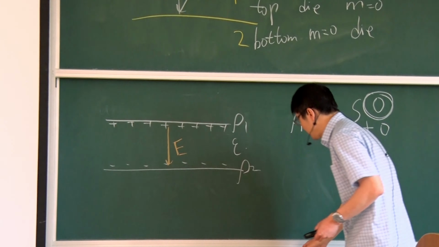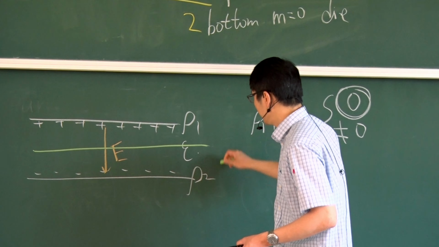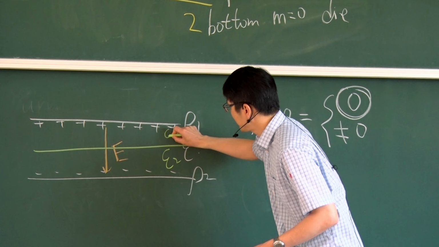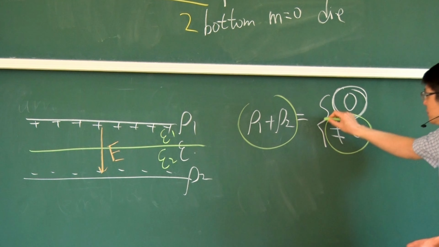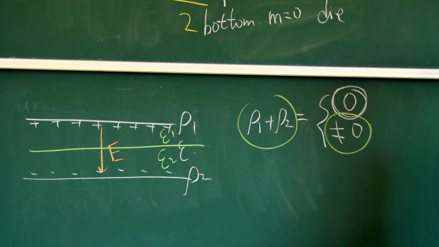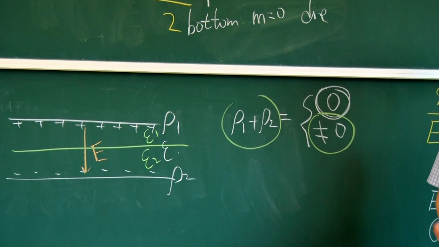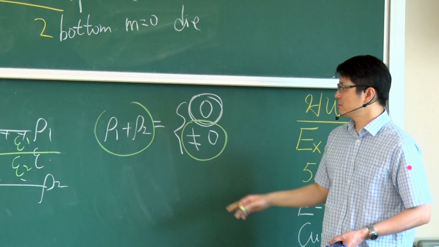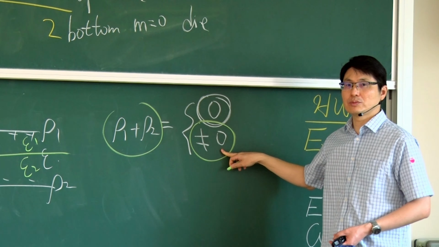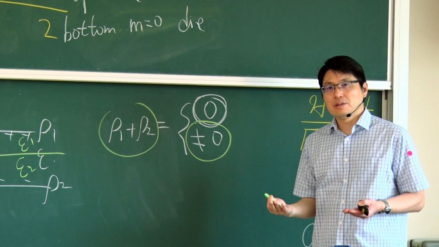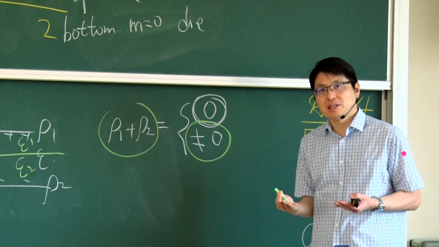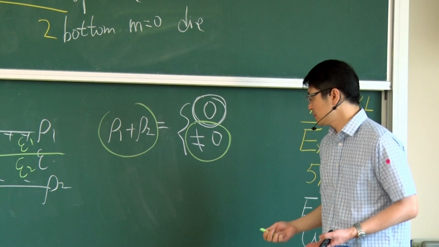With epsilon 2 and epsilon 1, when you have two different fillings, rho 1 plus rho 2 will not equal 0. But charge neutrality still needs to be maintained.